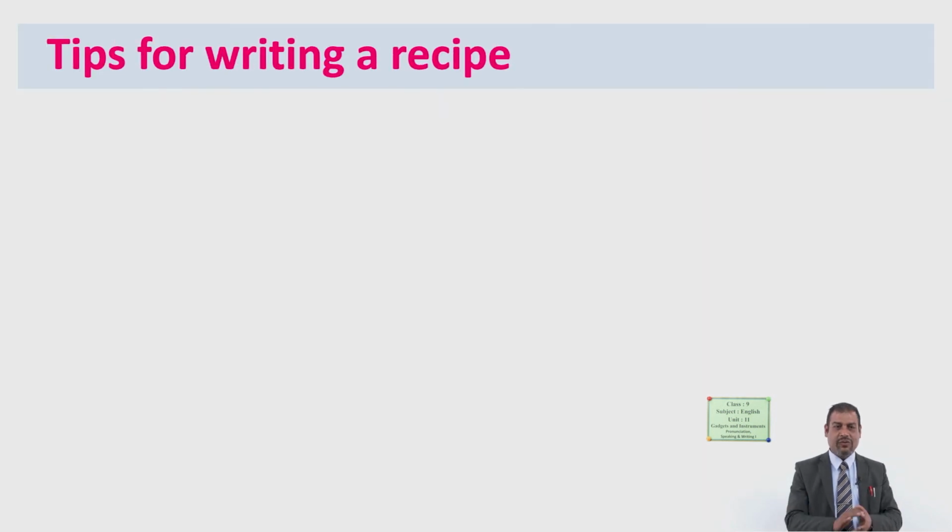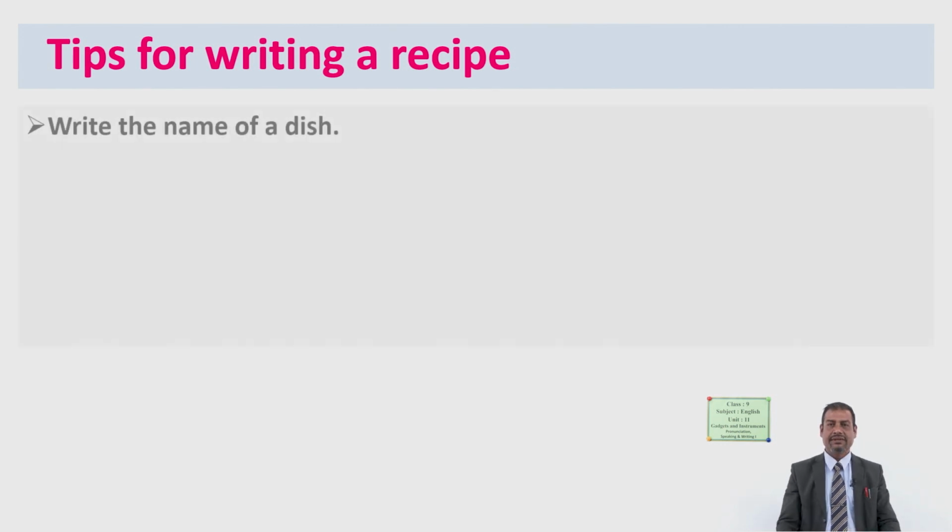Now I want to give you tips for writing a recipe. All of you, please write down in your exercise book. Are you ready? Let me give you the tips. Write the name of a dish. First of all, you have to write down the name of the food item.